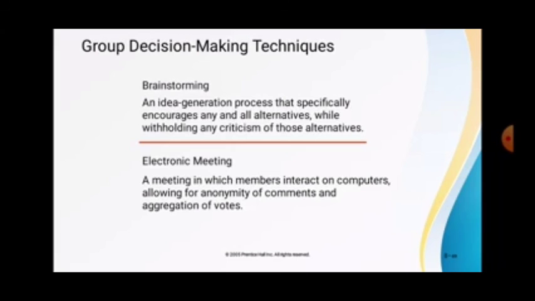Yun. And lastly, the electronic meeting. A meeting in which members interact on computers, allowing for anonymity of comments and aggregation of votes. Yun. So, this is like what we are doing right now, the online class. We use Google Classroom.